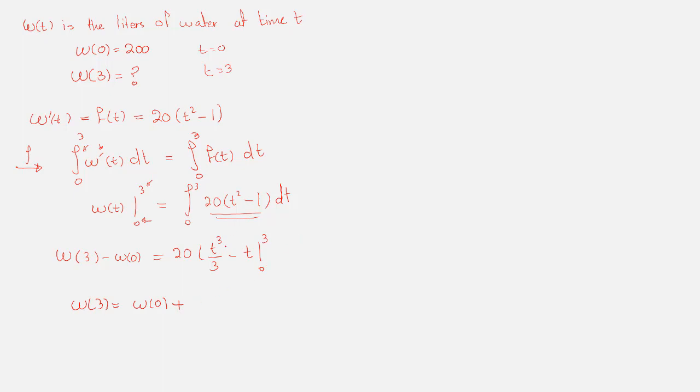Let's substitute t equal to 0 and t equal to 3. We will get 20 times 3 raised to 3 over 3, which is 3 squared, minus 3, minus 0, because when we substitute with t equals 0 here, it will be 0, and here will be 0 again.